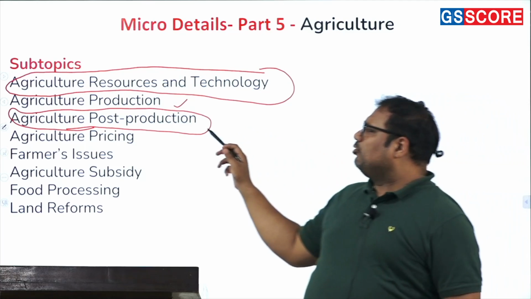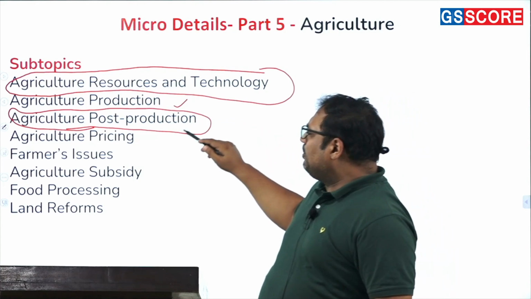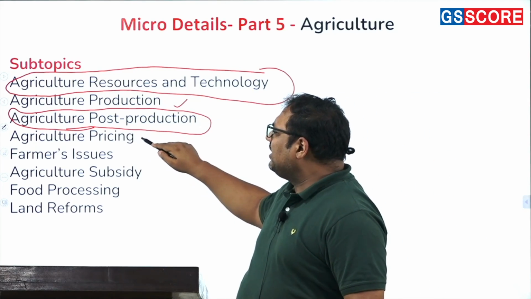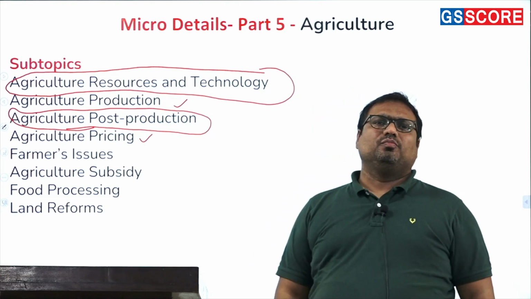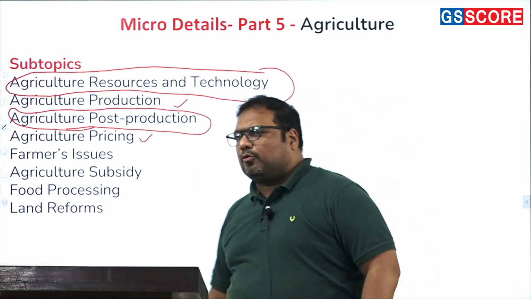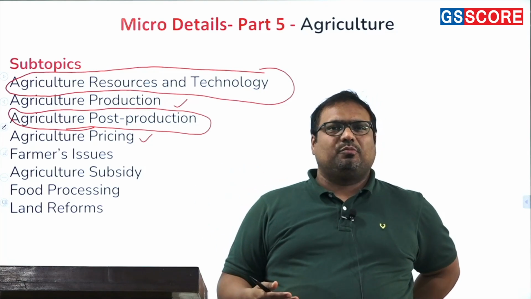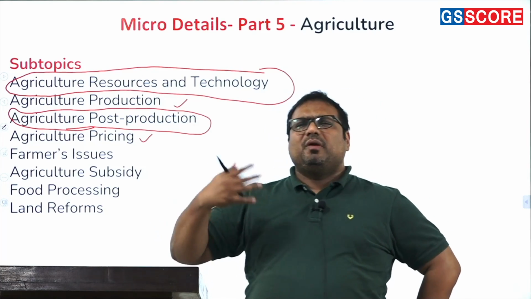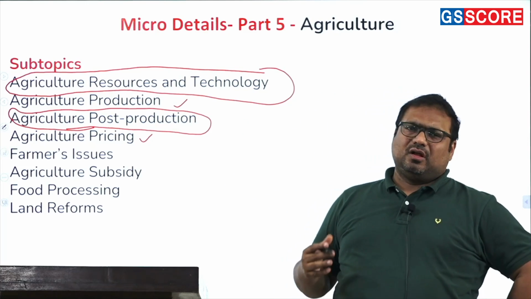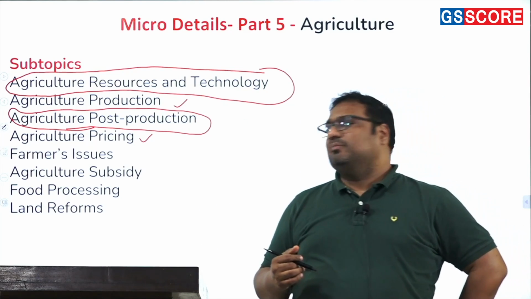All of that comes under post-production. Within post-production, we have separated agriculture pricing as an important issue. Although it is part of post-production, let us treat it as a separate topic because a lot of questions have been asked on it and it has certain specific themes.